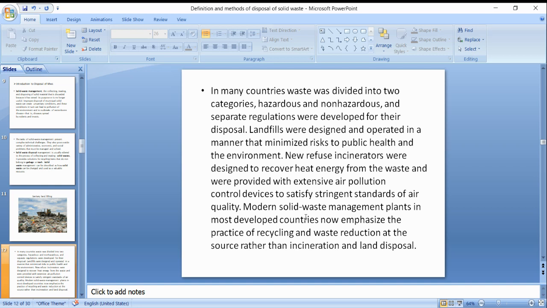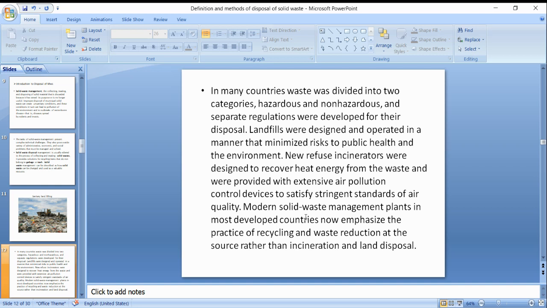Landfills were designed and operated in a manner that minimized risk to public health and environment. New refuse incinerators were designed to recover heat energy from the waste. Some of the waste can be disposed directly and some will be put into incineration.